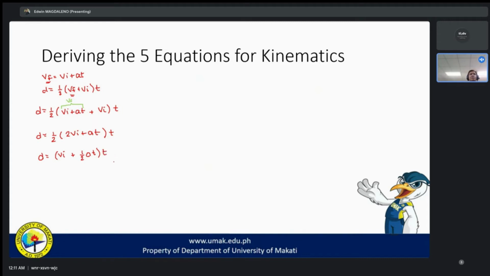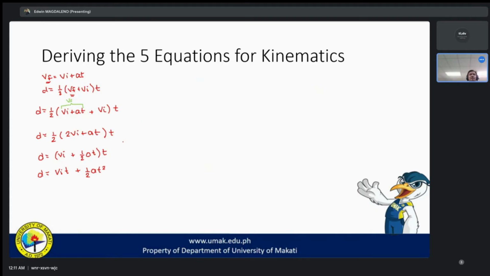Then we also have time on the outside. Then distributing time, displacement should now be equal to Vi multiplied by time plus 1 half acceleration times time squared.